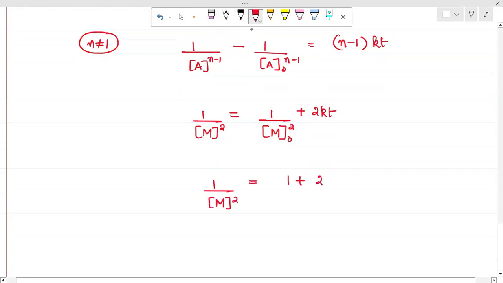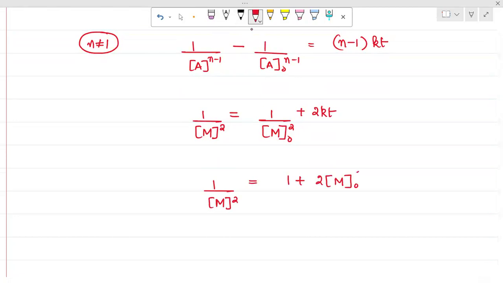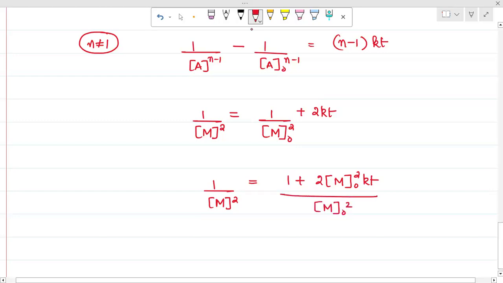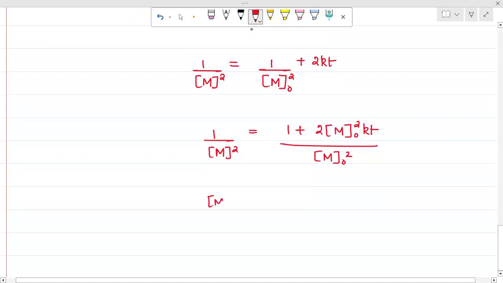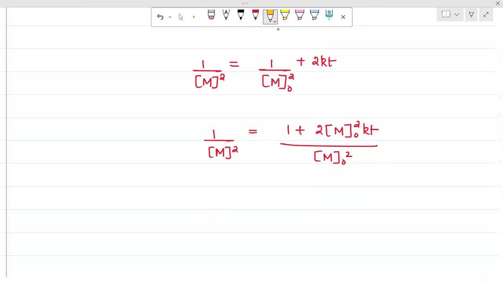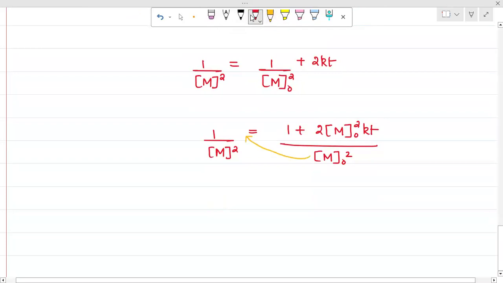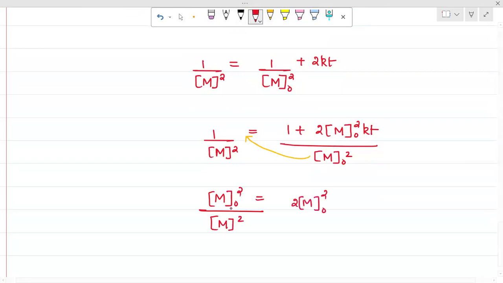So it becomes 1 plus 2 m naught square Kt by m naught square. Now I'll take the reciprocal on both sides. Or simply, instead of taking the reciprocal, I'll take this term over here. So let's see what it becomes. M naught square divided by m square is equal to 2m naught square Kt plus 1.